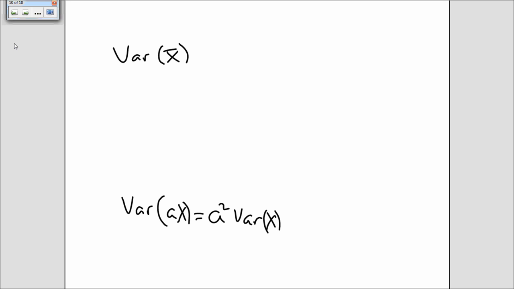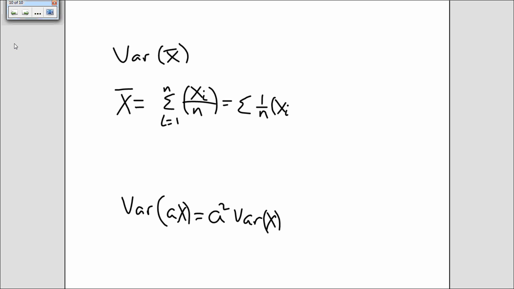Now, remember that I defined x bar as the summation of x sub i over n, as i goes from 1 to n, which, by the way, is the summation of 1 over n times xi.